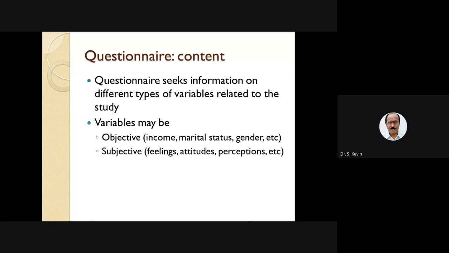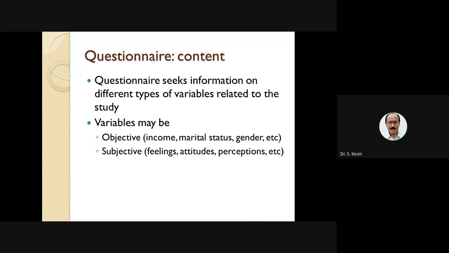Now, the variables may be objective or subjective. So try to understand that. Objective means something which is related to the object which we can see, like the income of the person. There are records for that. Marital status, it is observable.